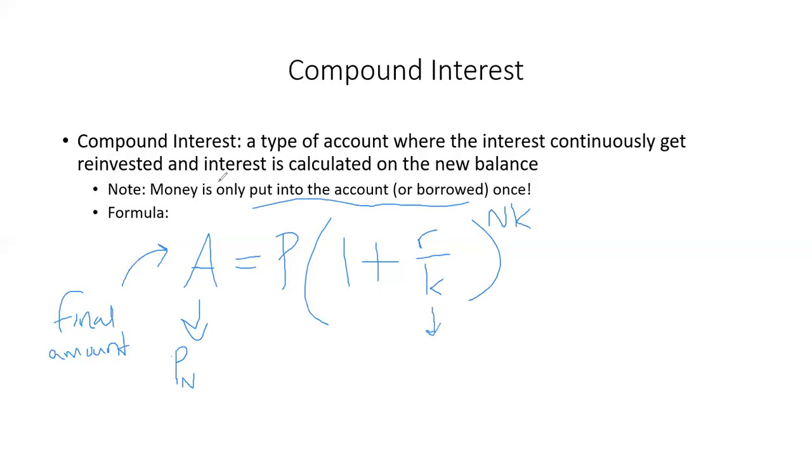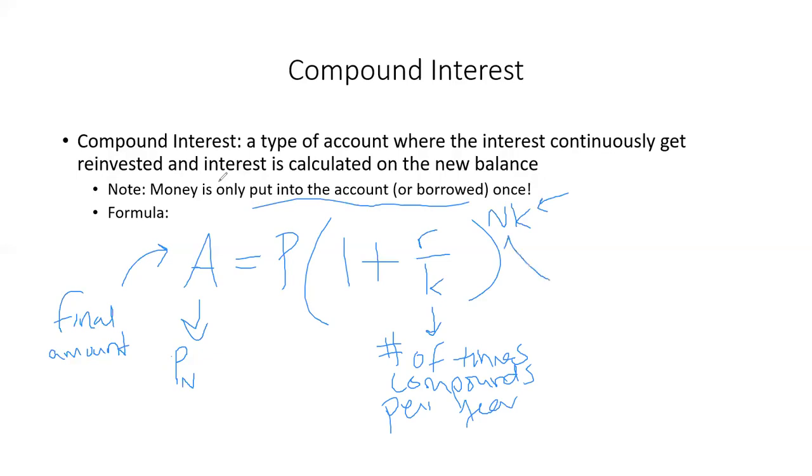K is a new one. K is going to be the number of times the account compounds per year. So that's the same K here as up here.